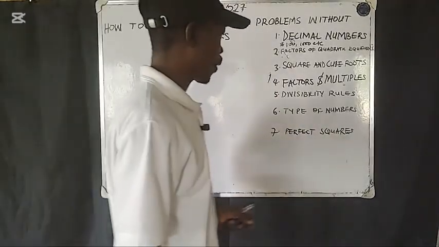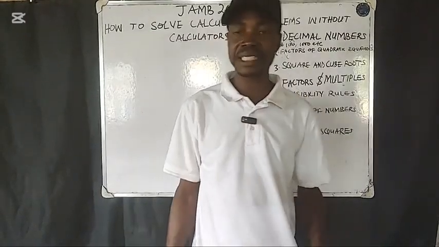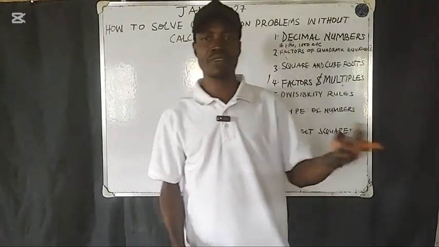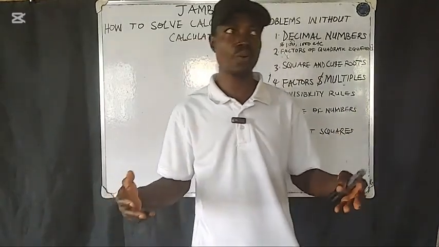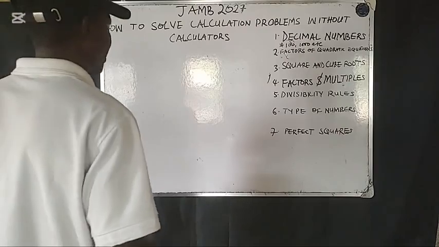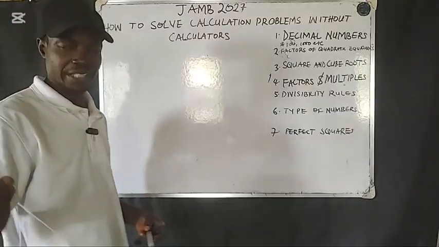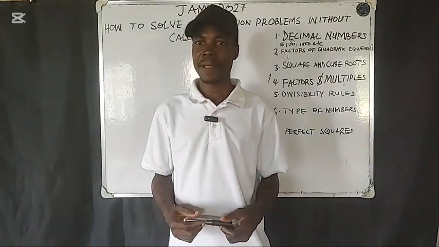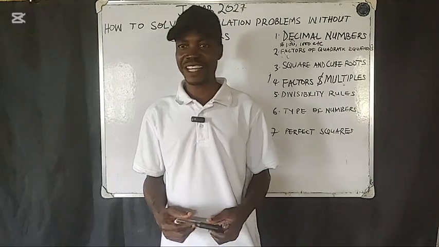Now, the next thing is to know our divisibility rules: how to know when 2 can divide a number, when 3 can divide, 4 can divide, 5 can divide, and so on. Now, how do we know when 2 can divide a number? Can you give me the rule again? Yes, very good.